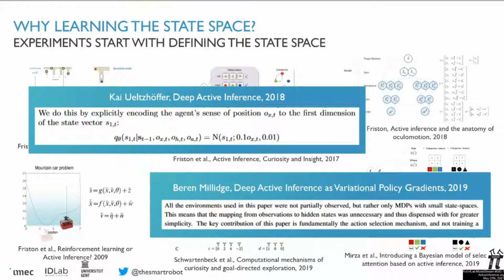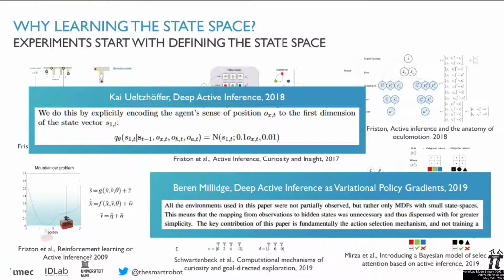There was also some work from Beren Millidge, who basically did some learning, but more on learning the policy rather than the state space. So he basically used Markov decision processes with small state spaces where the raw observations that the environment gave you were basically suited as a state space, and he would then investigate how to learn the actions given these states.